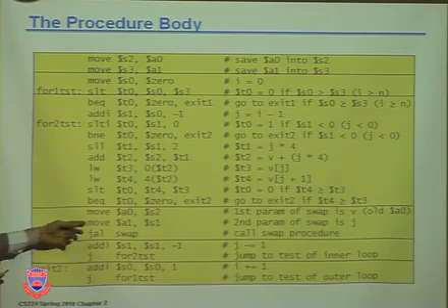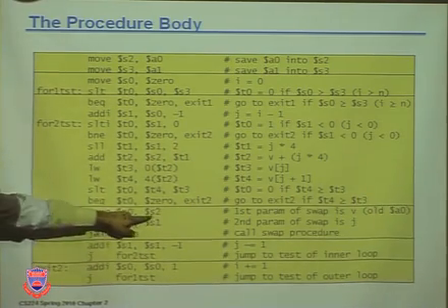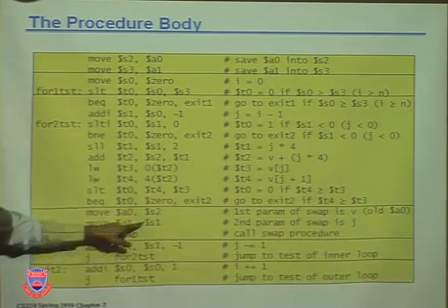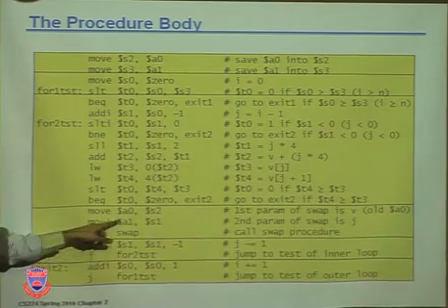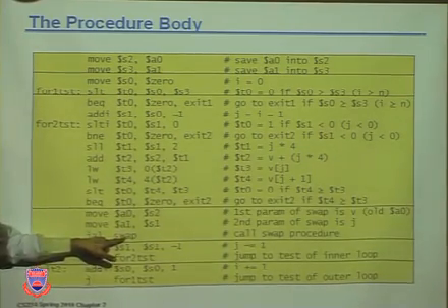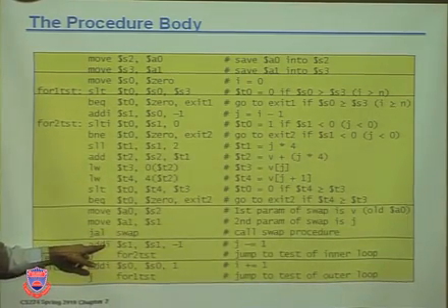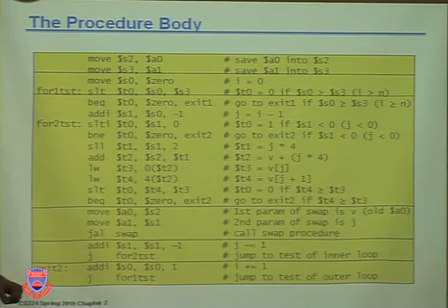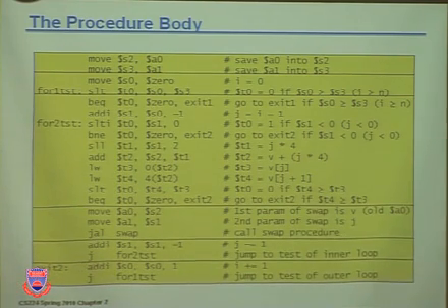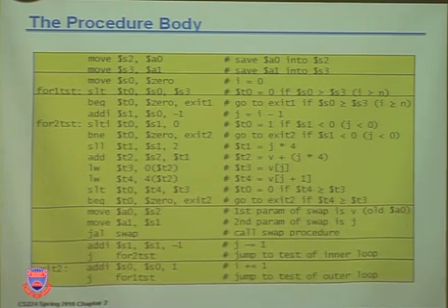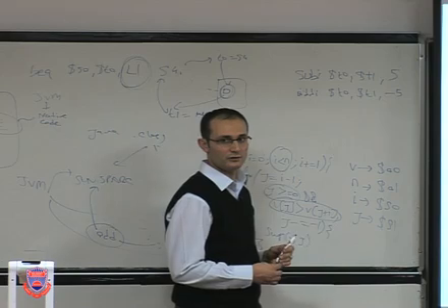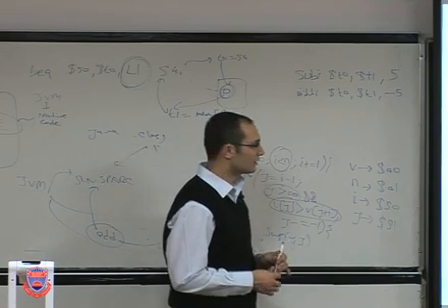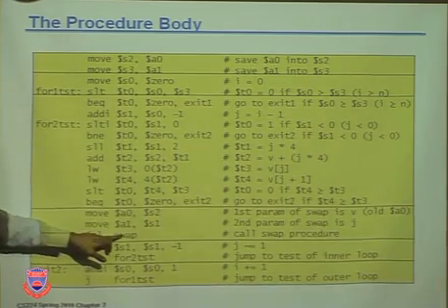However, if it is not the case, then it's going to copy these two values, S1 and S2, into A0 and A1, and call swap, jump and link swap. How does swap know its parameters? How does it know the parameters that it's going to use? So I call jump and link swap.